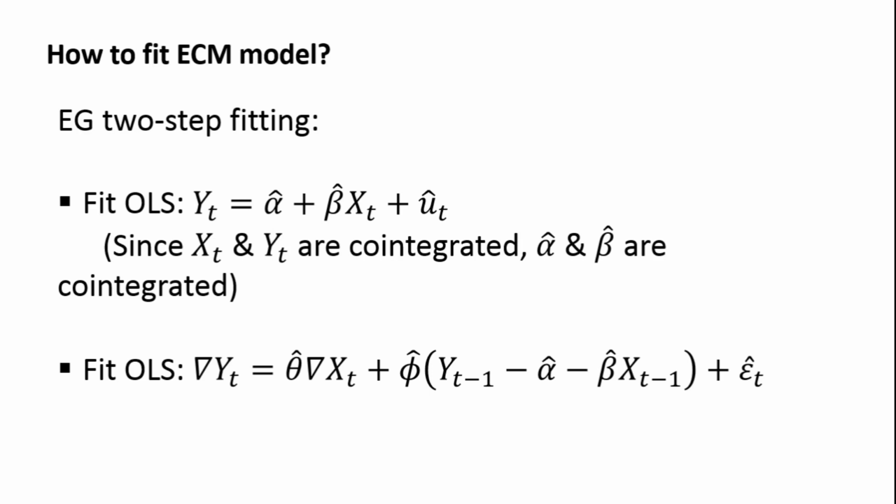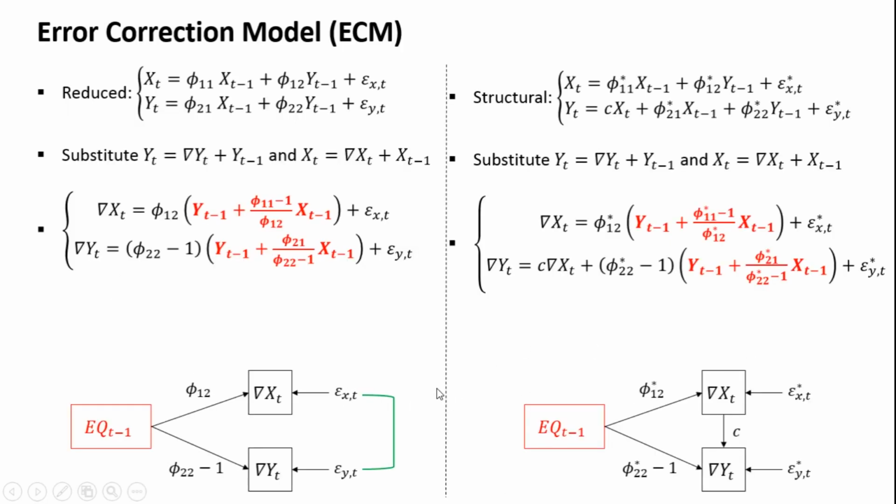This is the term, called the error correction term, that we found in the previous relationship in red.